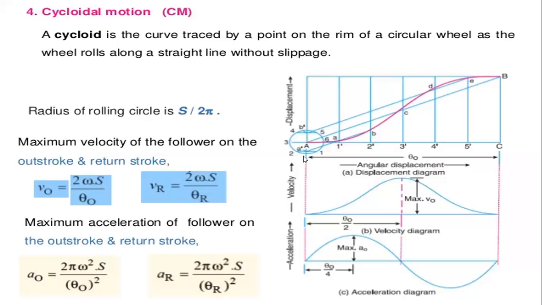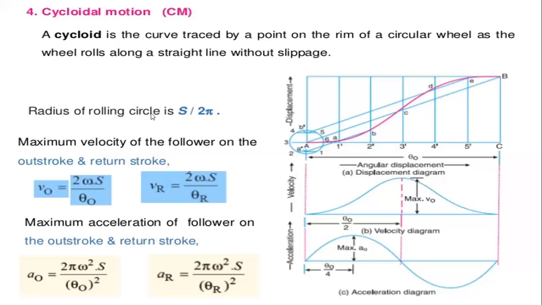Here, in the cycloidal motion, there is only a return stroke. So that is given as the length of this line.